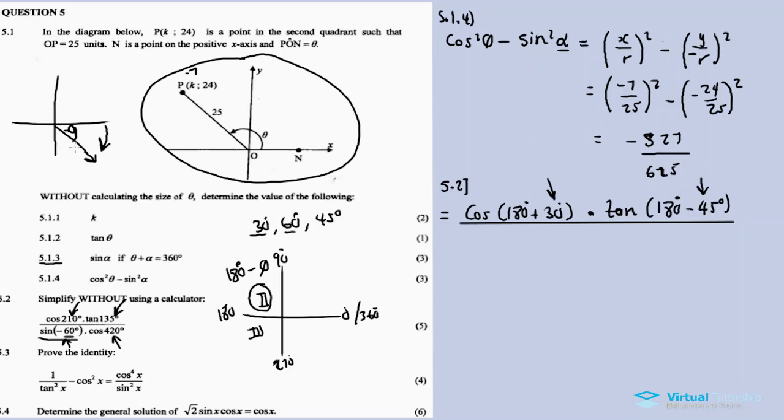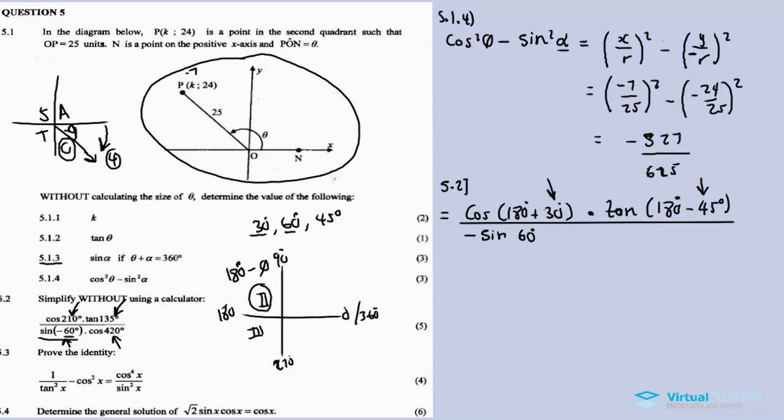Fourth quadrant, and in the fourth quadrant we use the CAST rule, and in the fourth quadrant cos is what? Positive, everything else is negative. So to solve a negative angle, you make the angle positive, then you decide on the sign of the trigonometric ratio. So it's negative 60 degrees, I make the angle positive. Since sine in the fourth quadrant is negative, it means my answer will be negative sine 60 degrees, right?